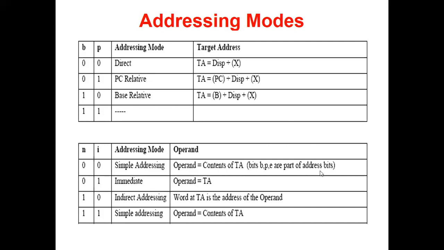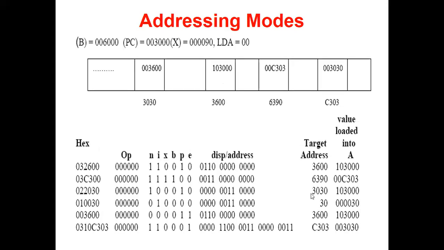Okay, thank you, sir. Is it okay? Because now let us look at this particular example. Bits B, P, they are zeros, okay? So we are not going to take base register plus displacement, okay? Because both are zeros, the bits B, P, and E are part of the address.